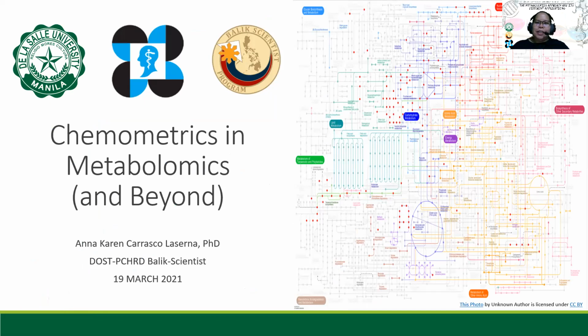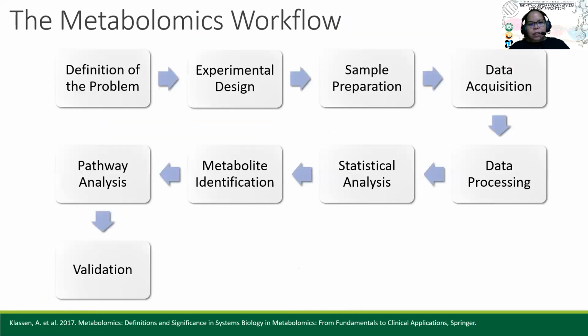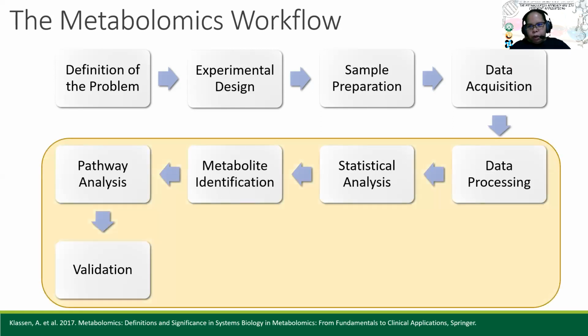As mentioned, our coverage will be chemometrics plus the rest of the metabolomics workflow. Okay, so we have covered the definition of the problem, the experimental design, sample preparation, and data acquisition in the previous session. Today, we'll cover the second half, from the data processing up to the validation part.